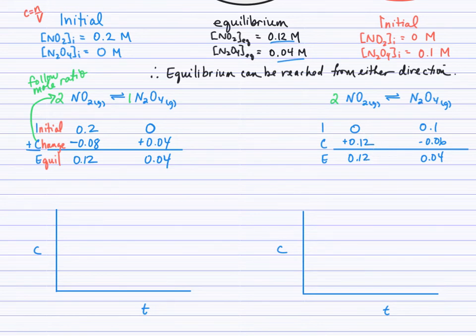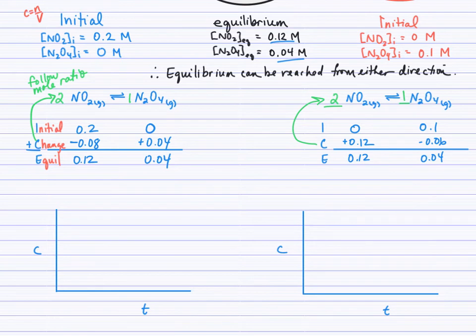Does it seem that the change row is following the mole ratio of 2 to 1? And hopefully when you look at those values, 0.12 and 0.06, you realize that yes, 0.12 is double the 0.06. So again, consistently the values in the change row will follow the mole ratio.